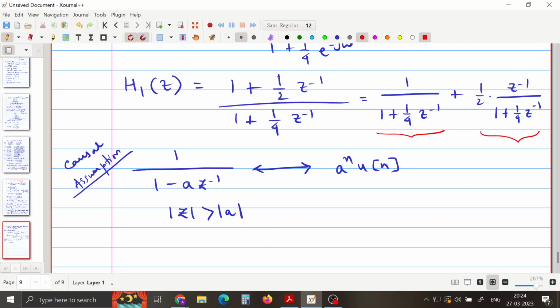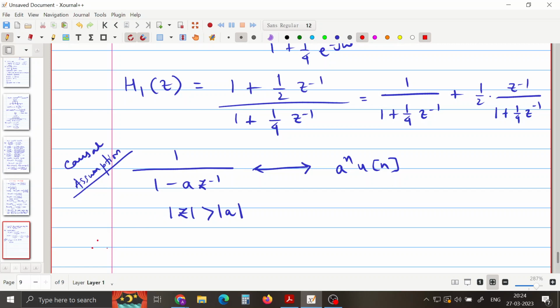In general, if you had z to the power minus n naught, let's say, then you would get x of n minus n naught, like that. This is why actually the Z transform helps to simplify.